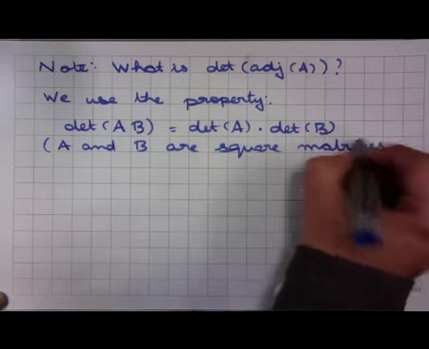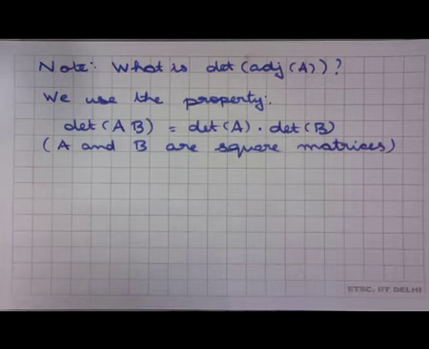Using some simple examples, you can verify that this is the case. We will not go into a proof of this property here, but we can just check whether it is the case.